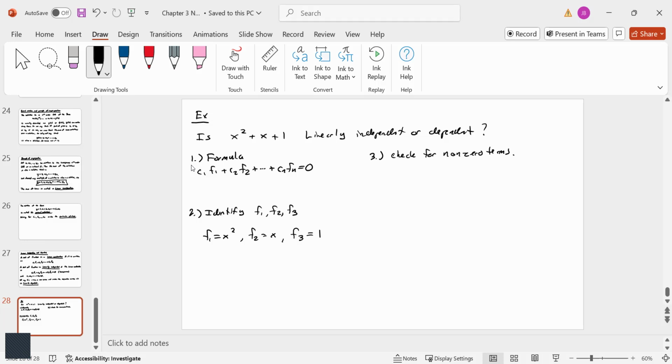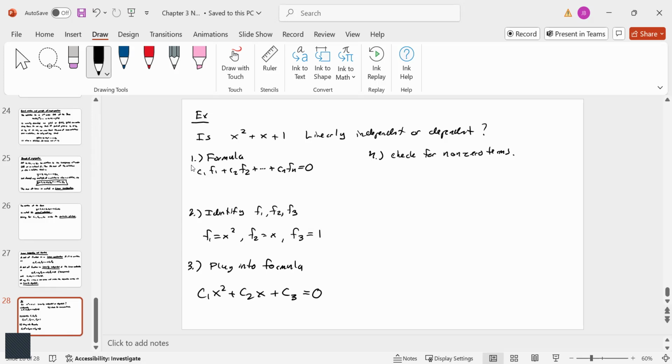Okay? So if I said, actually, let's make that step four. Sorry, I'm kind of thinking about this in a better way. Step three, plug in. So C1 x squared plus C2 x plus C3 equals 0, right? Now we're going to check for non-zero terms.